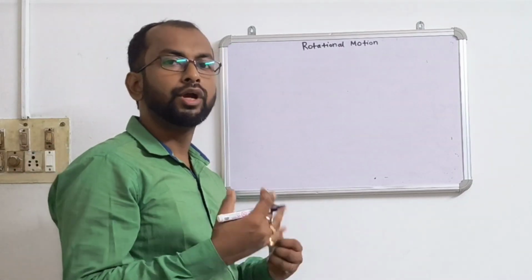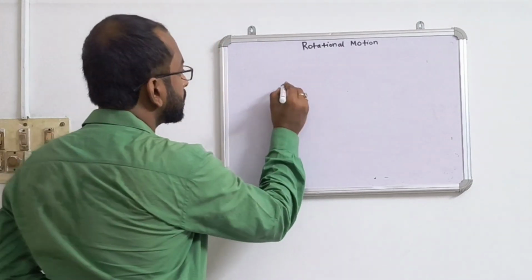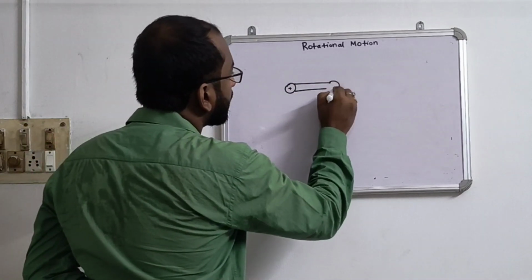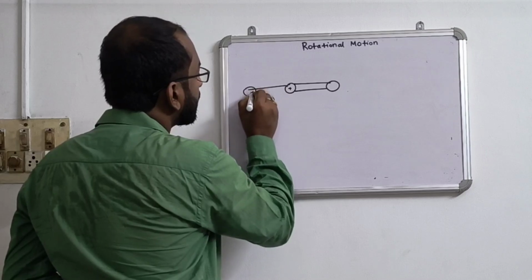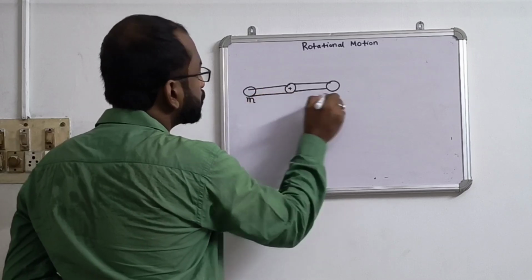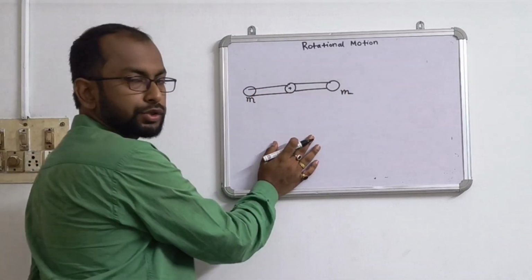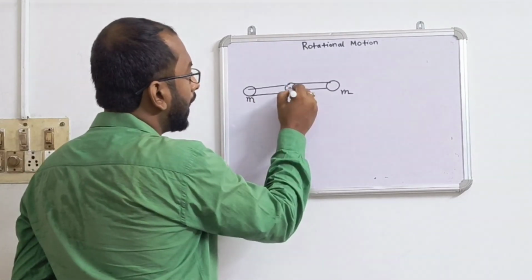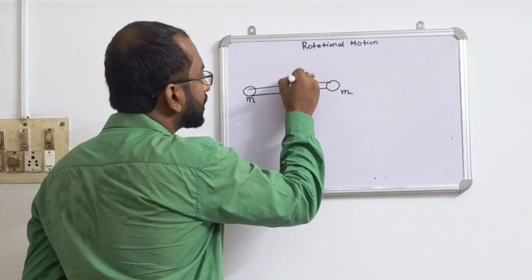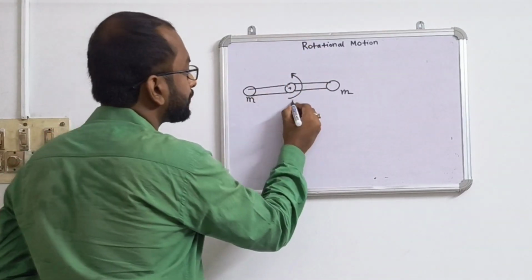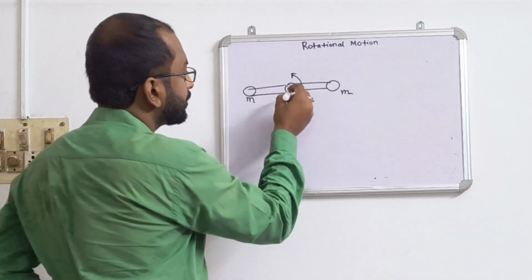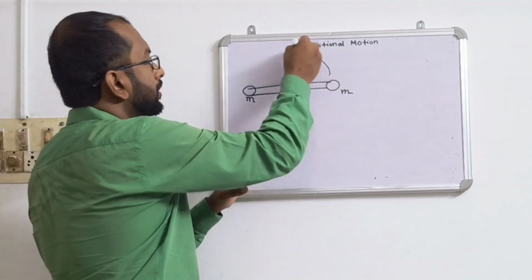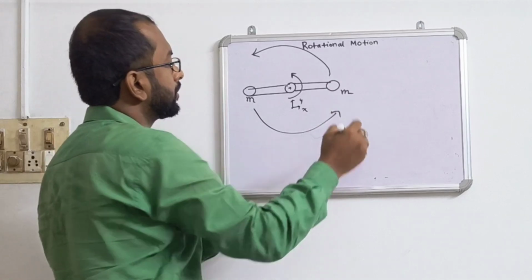Now let us discuss some more examples of moment of inertia. This is a center point. Two M masses are attached through two massless rigid bodies with the center, and I am trying to rotate this entire body like this. This x-axis, this y-axis, so z-axis is this one, outward. So this is rotating like this.